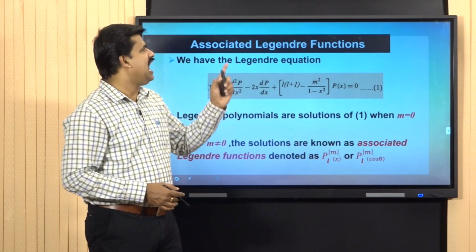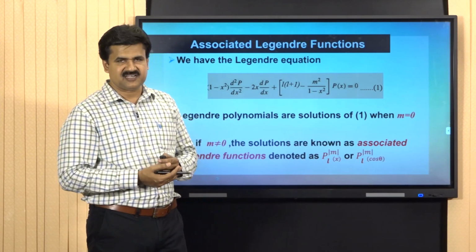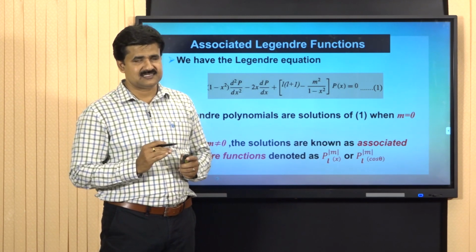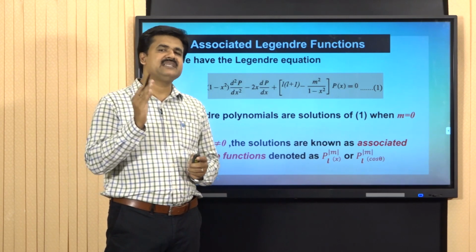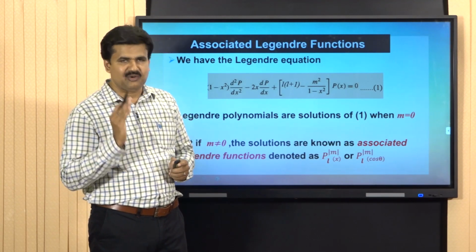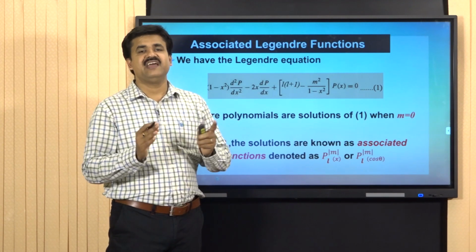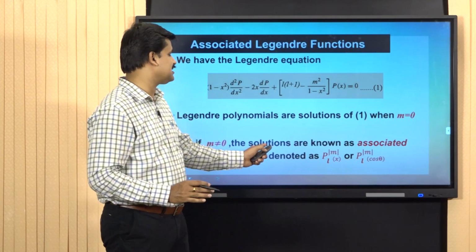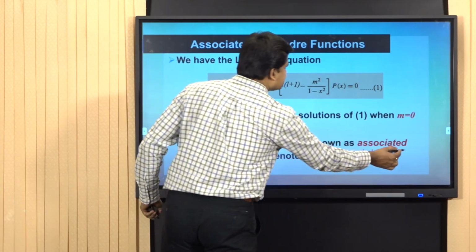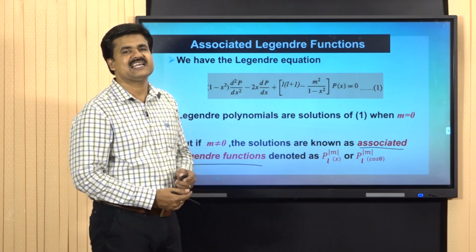Now, associated Legendre functions. I already mentioned that the Legendre equation has two kinds of solutions. The solution when m is equal to 0 is termed the Legendre polynomial. However, the solutions to this Legendre equation when m is not equal to 0 are known as associated Legendre functions.